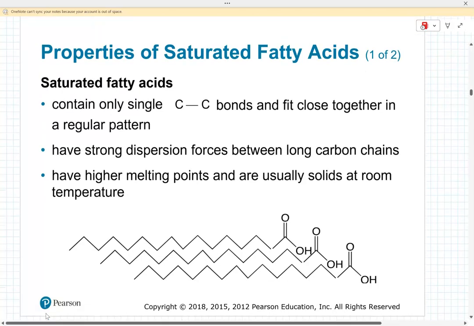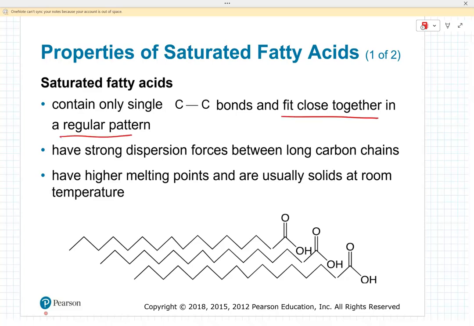So this is an illustration of the point that I was trying to make. You see that saturated fatty acids can fit really well. So strong dispersion forces, these forces, and that means that they have higher melting points.